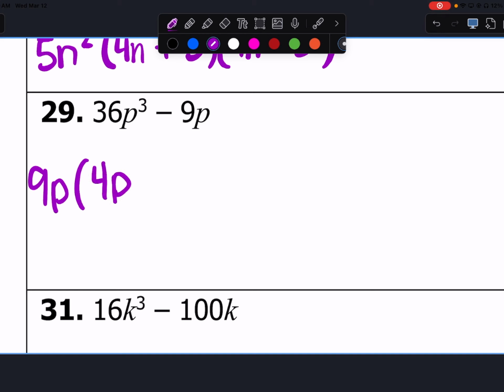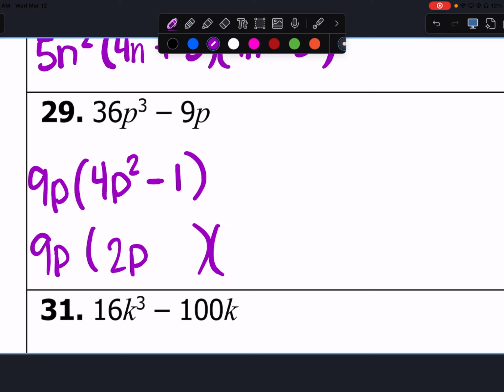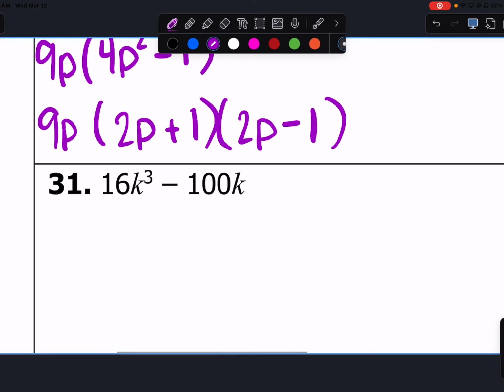P to the, we took out a p, so it leaves it with a 2, yep. Minus, what is anything divided by itself? 1. So we get 9p times, okay, what else do we need in there? Plus 1 and, okay, 431.